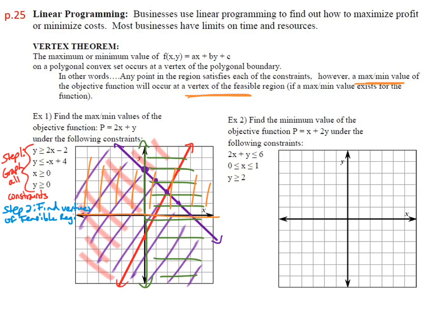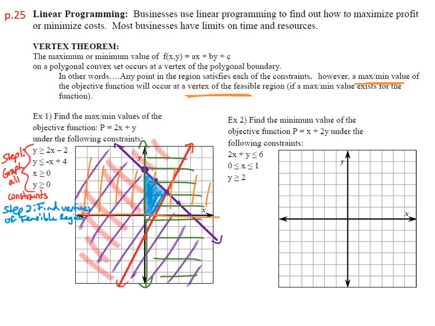Well, what in the world is a feasible region? What am I talking about? I'm talking about where everything overlapped with our shading. So we're talking about this figure right here, where everything overlaps.